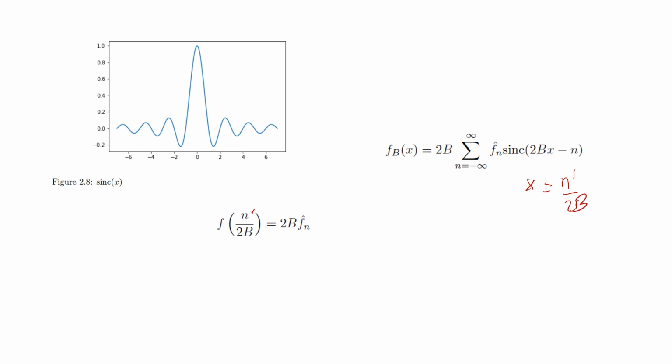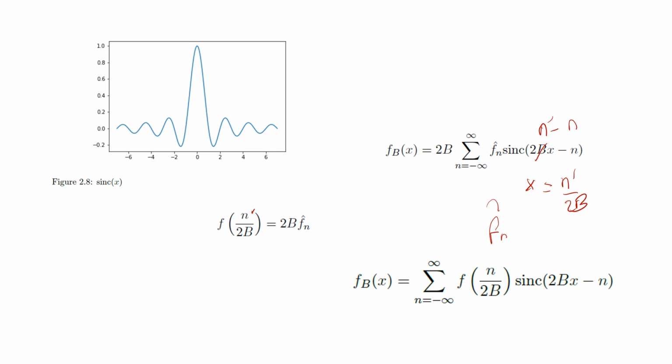Now the 2b will cancel, so what we'll get here is just sinc of n prime minus n, which is equal to 0 unless n prime is equal to n. So what we would recover here would be f hat of n. So we see that the function f of x evaluated at any integer n over 2b is equal to the expansion coefficient corresponding to that point.